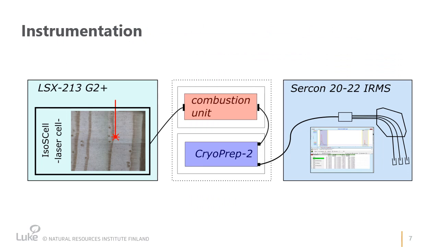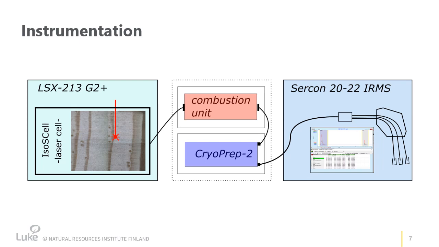This image shows the basic layout of the instrument that we use. On the left-hand side, the boxes represent the laser ablation instrument and the specially made isocell laser chamber.